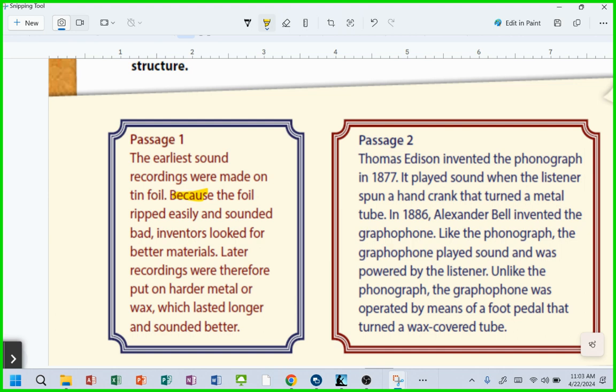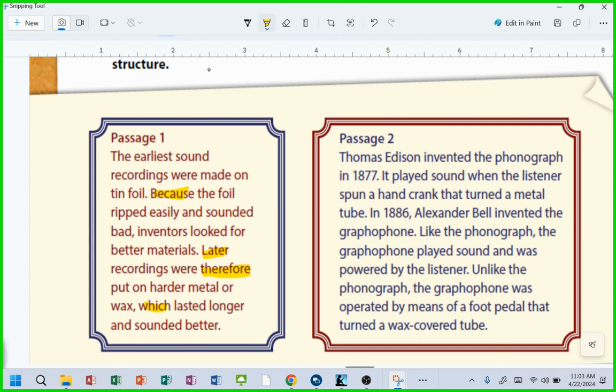Later, recordings were therefore put on harder metal or wax, which lasted longer and sounded better. What do you think this one is? Yeah, that's right. Let's go to the next one. I think I know what that one is.